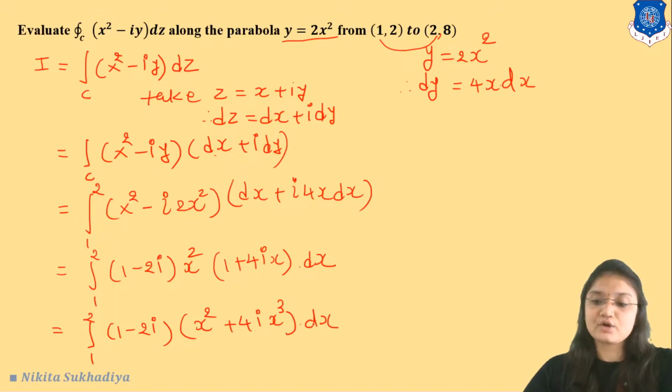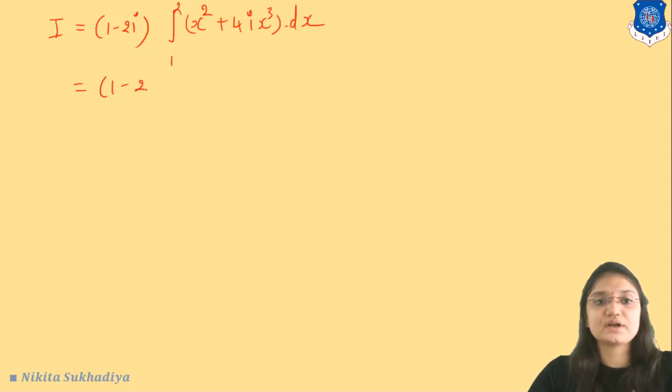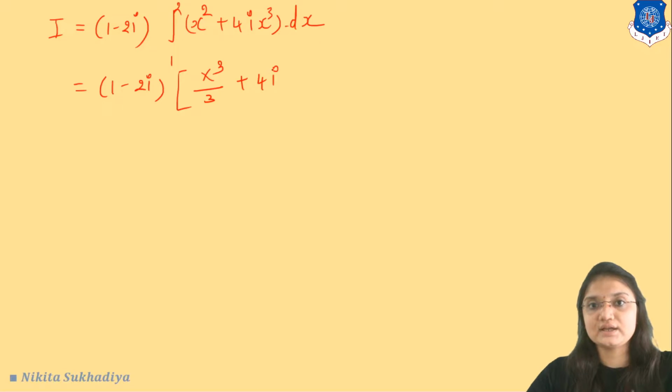Okay, so now by taking 1 minus 2i common, we will get the integral from 1 to 2 of (x squared plus 4i x cubed) dx. Okay, so this is (1 minus 2i) common, the integral of x squared, that is x cubed by 3, plus 4i times the integral of x cubed, that is x raised to 4 by 4, with limit from 1 to 2.